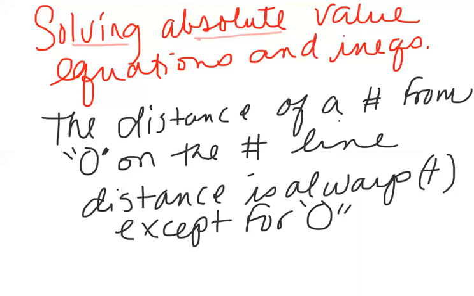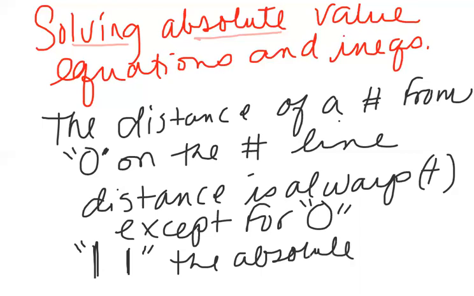So with that said, if you get a problem such as this, by the way, this represents the absolute value symbols, absolute value bars. Let's look at a concrete example: the absolute value of x is equal to positive 4. Remember, the absolute value is positive.